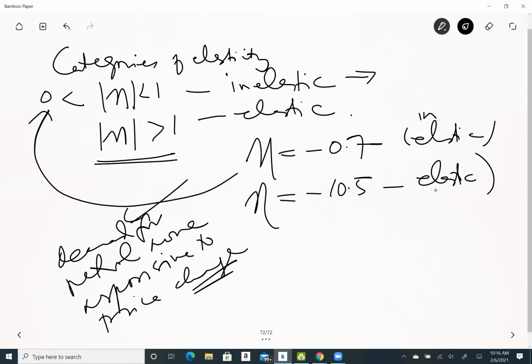If the price goes up by 1%, the demand for petrol is quite responsive. It will go down by 10.5%. But for rice, it's less responsive. The demand for rice will just go down by 0.7% for a given price increase of 1%.